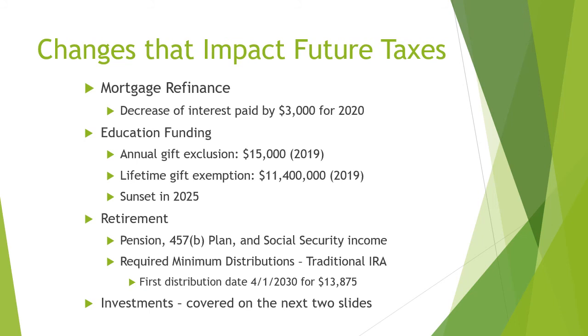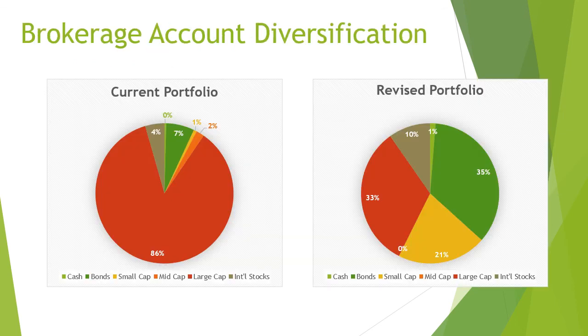The final recommendation that we will cover is in regards to your investment within your brokerage account. As you can see in the side-by-side charts, your current portfolio consists mostly of large cap stocks. In order to create a more diversified portfolio, we recommend that you sell a good portion of your current holdings and buy other holdings that allow for less risk.